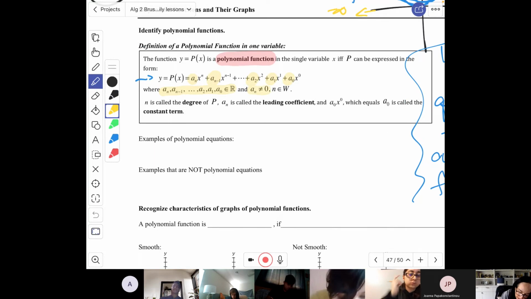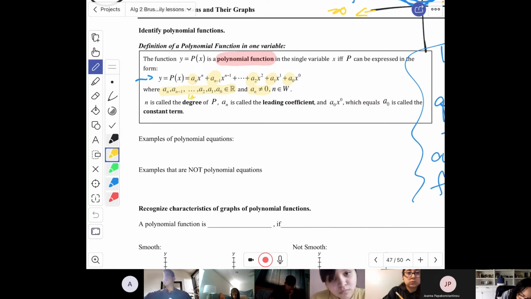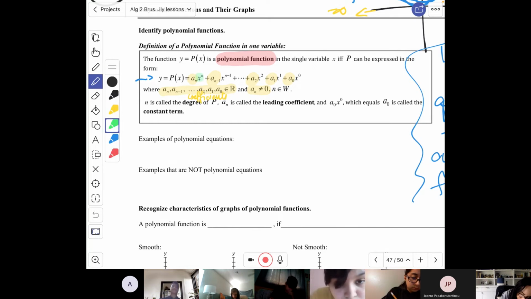And this first leading coefficient cannot be 0. That's what those little a's are. They're just coefficients. And then I have these powers of x in decreasing order. And what those little n's are, they're just whole numbers.